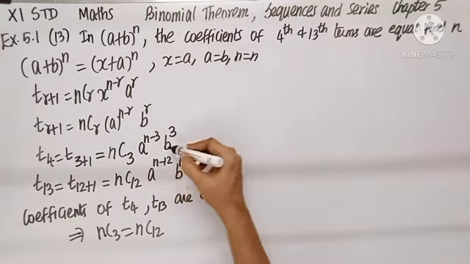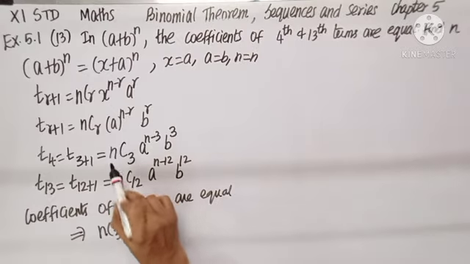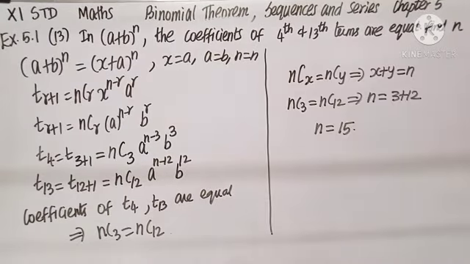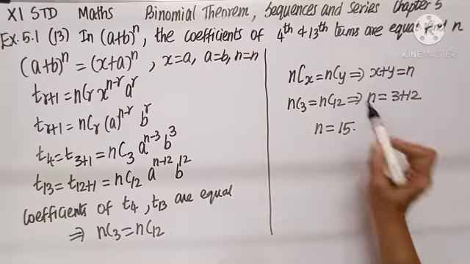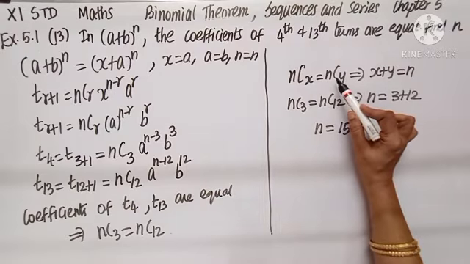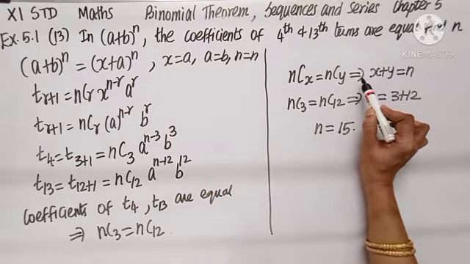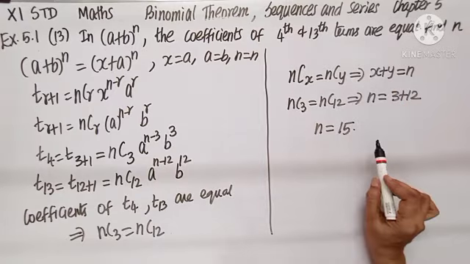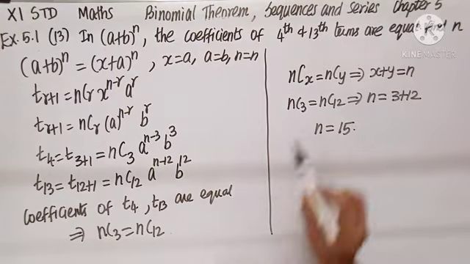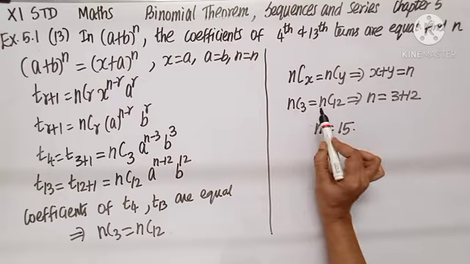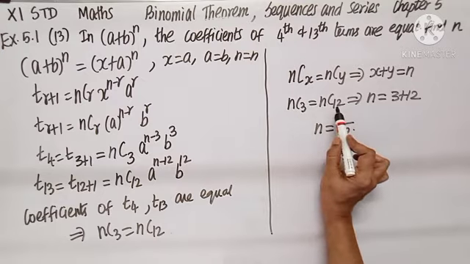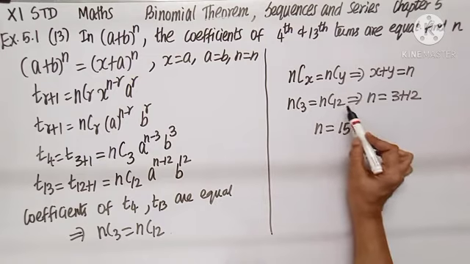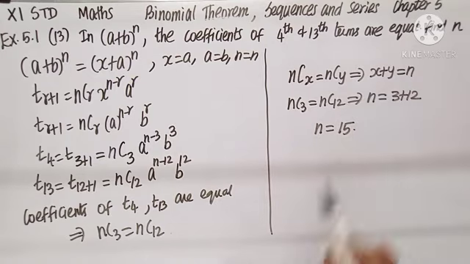Coefficient tells me nC3, nC12. We know nCx equals nCy in combination, a formula that tells us x plus y equals n. In this question, we are given nC3 equals nC12. Applying that, n equals 3 plus 12, that is 15, and hence the problem is solved.